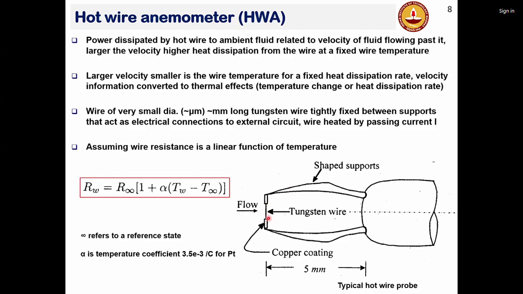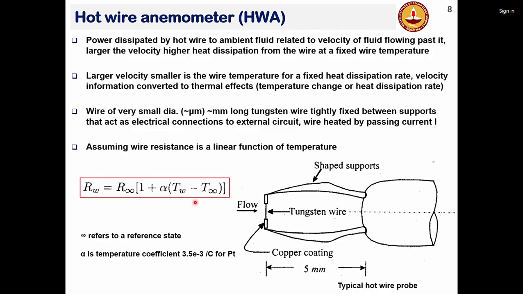So this hot wire can operate in two modes: constant current mode and constant temperature mode. This is something that we will see subsequently. But let us look at the thermal analysis of this heated wire. As we said, the resistance of the wire is a function of temperature.